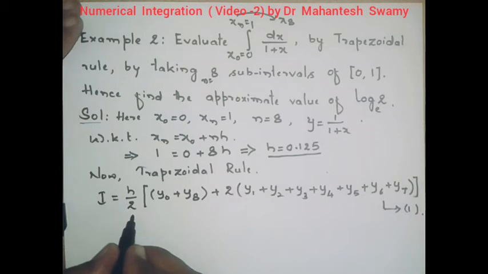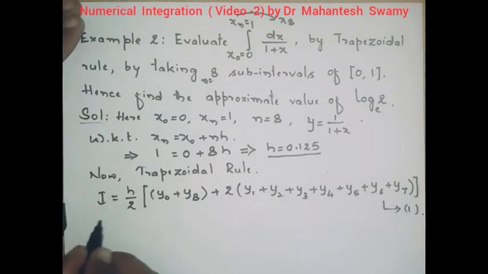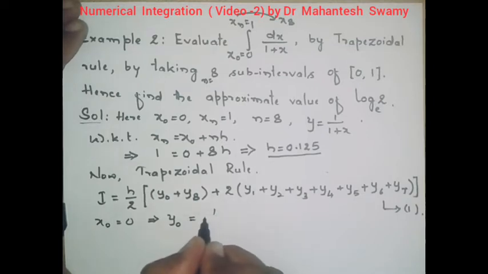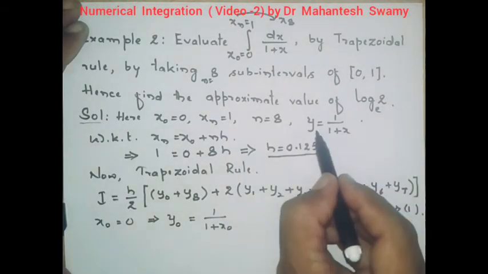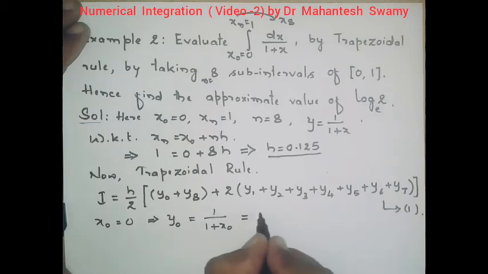Now our duty here is to find y0, y1, y2 and so on. x0 is 0 and we know the expression for y. By using that we can get the value of y0. y0 is 1 divided by 1 plus x0, so it is 1 divided by 1 plus 0, it is 1.